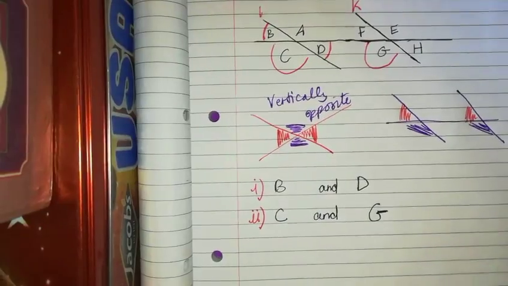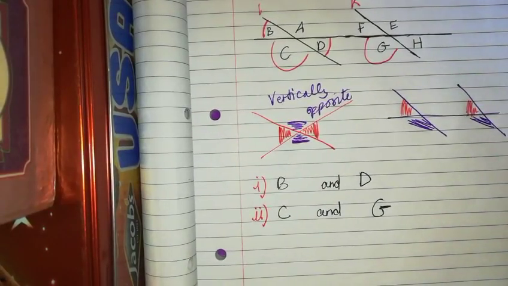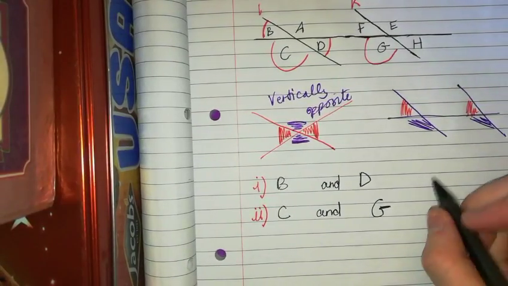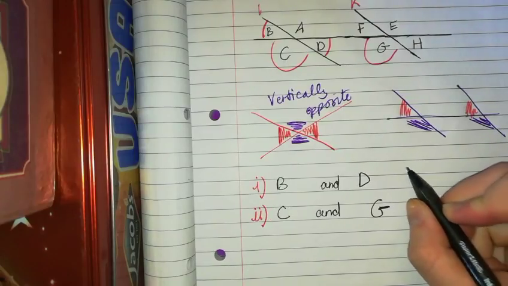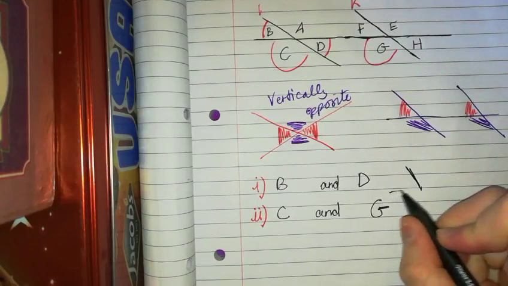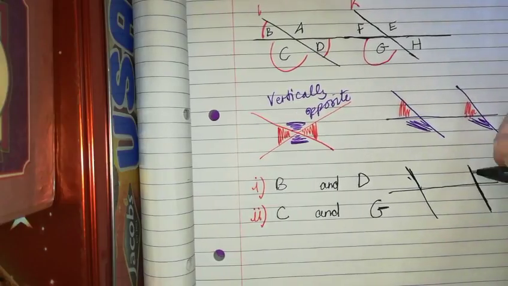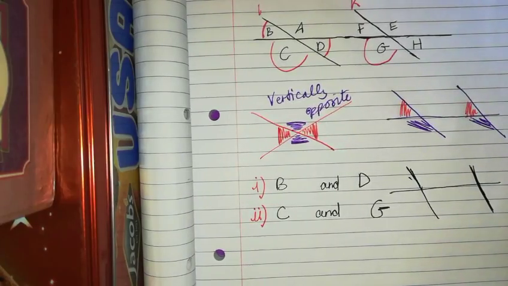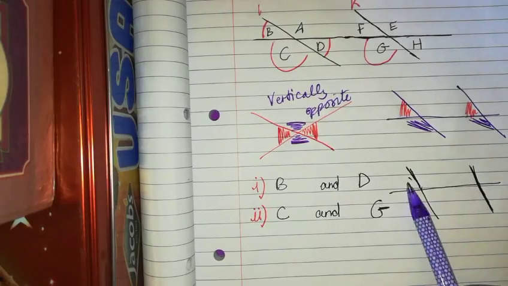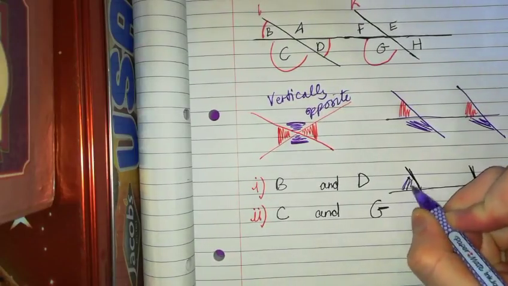So now I have to write a pair of alternate angles. Alternate angles are, say, if we have a line here, they're not exactly on the same side, one is on the top, one is on the bottom.